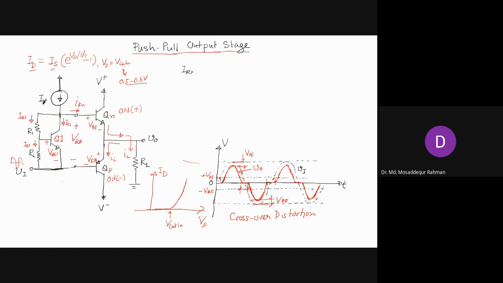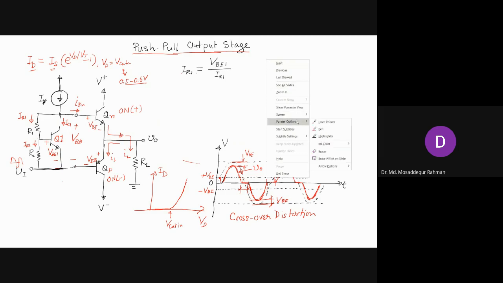So IR1 here we can write as VBE1 divided by R2. Sorry, R2.